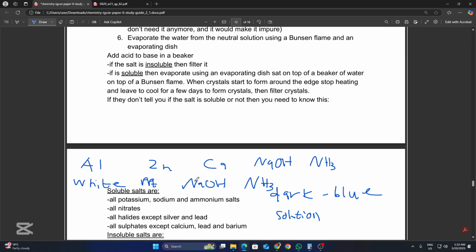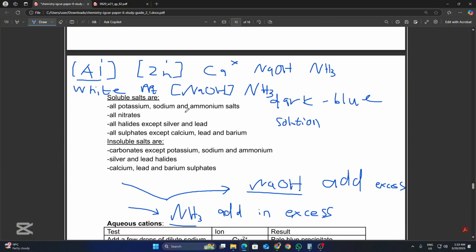Once we add excess NaOH, only the aluminum and zinc will dissolve in excess, to form a colorless solution. The calcium does not dissolve in excess. When we add ammonia, only zinc will dissolve.